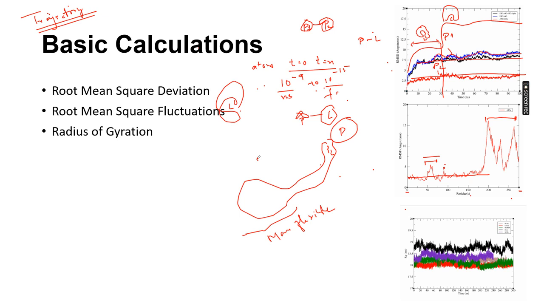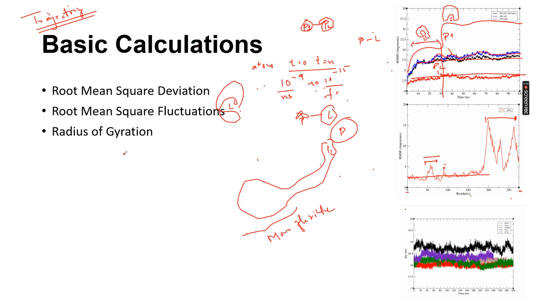When you are talking about rotation of the protein with respect to x-axis or y-axis, how the structure of the protein is changing with respect to x-axis, how the protein structure is changing with respect to y-axis, that is called radius of gyration.